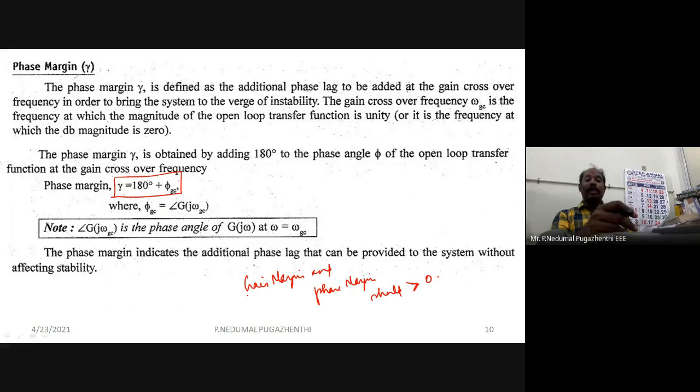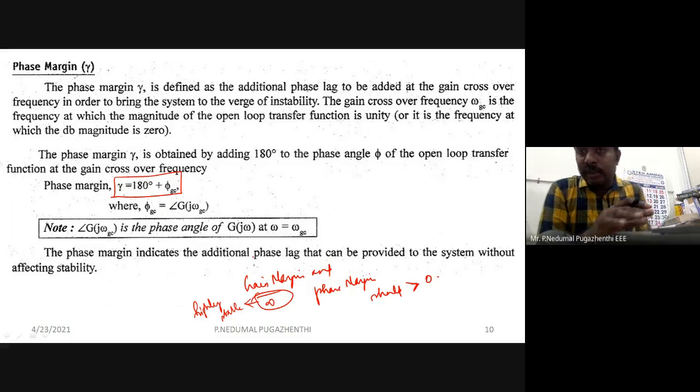But if you do not have such a transfer function, your gain margin will lead to infinite, and if you have an infinite gain margin, you say it is highly stable. These things will be discussed when dealing with Bode plot and polar plot.